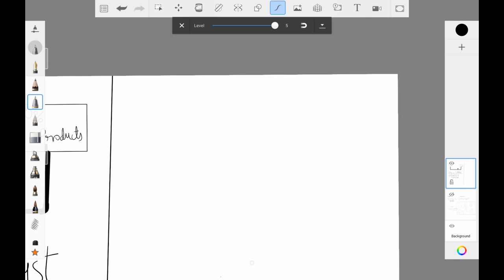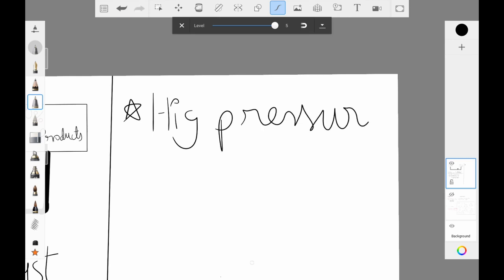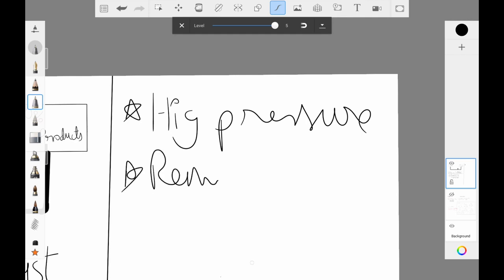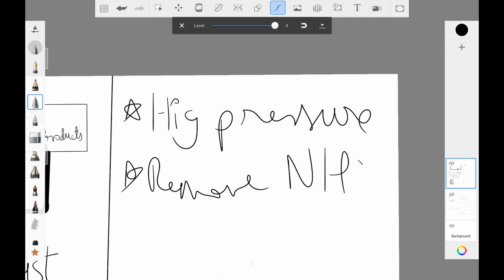But as of now, theoretically speaking, in a closed system, you need to use high pressure, as we've discussed before. You also need to remove ammonia, NH3, as it is formed.